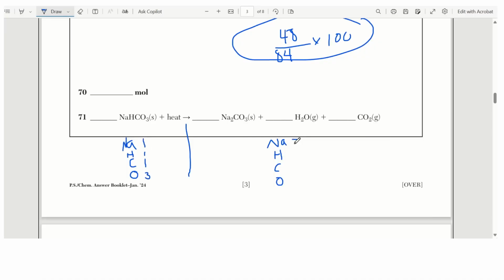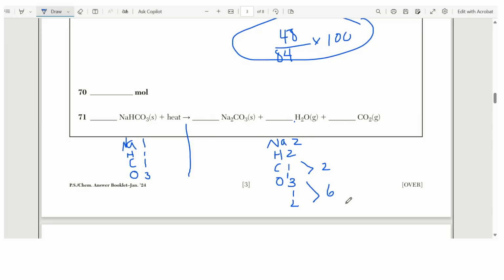On this side I have 2, 1, 3, 2, another 1. Here I have another 1, and then 2. Oh my goodness gracious. So this is 2 total carbons, and this is 6 total oxygens. Oh, good gracious. This is a hot mess, right?